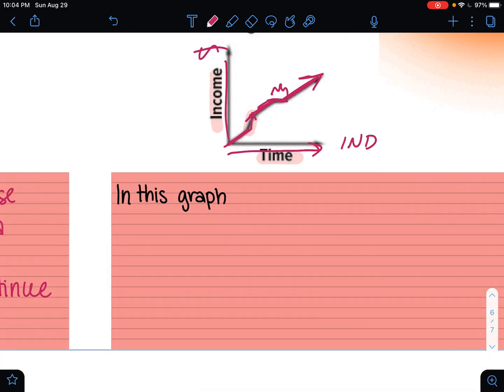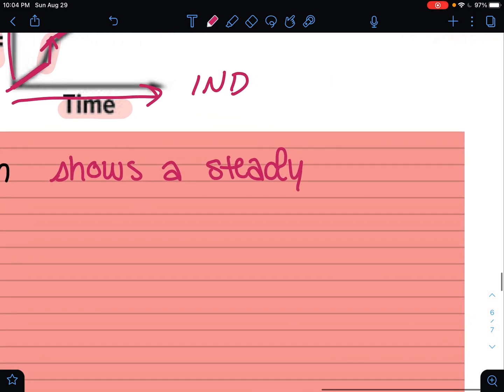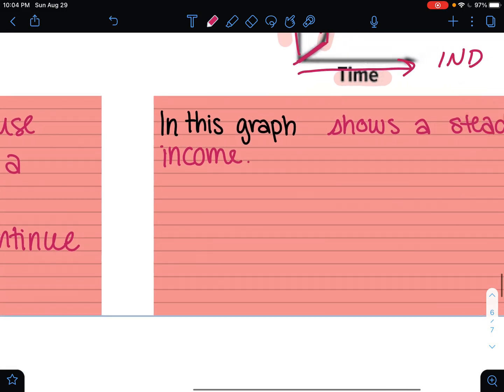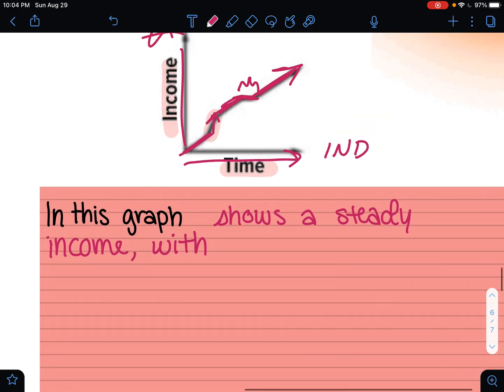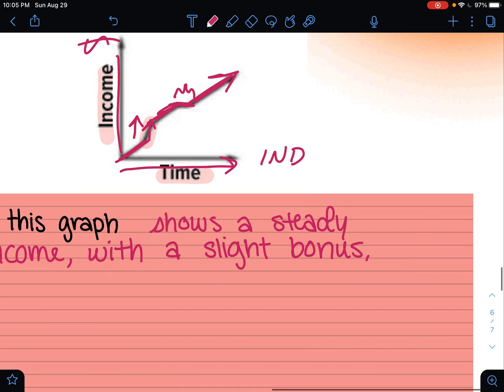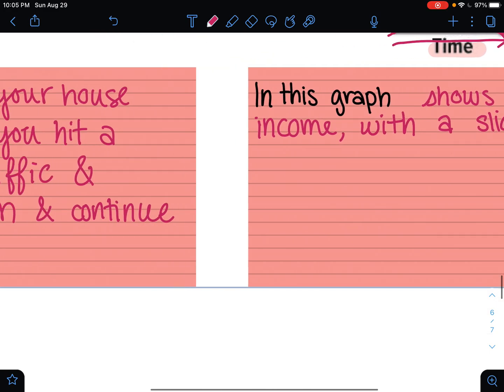So how we can explain this is that it shows a steady income with a slight bonus and then we see more steady growth. I'm just going to start writing with that as a shorthand.